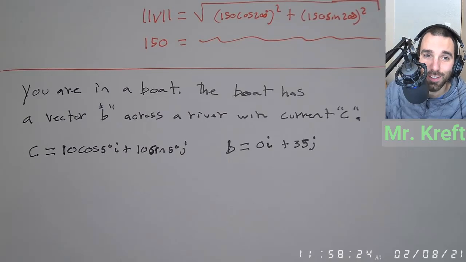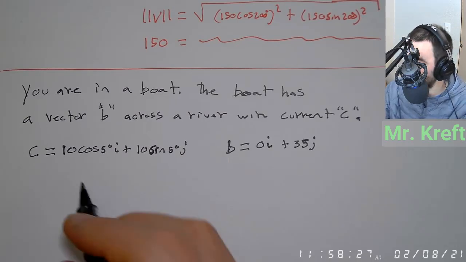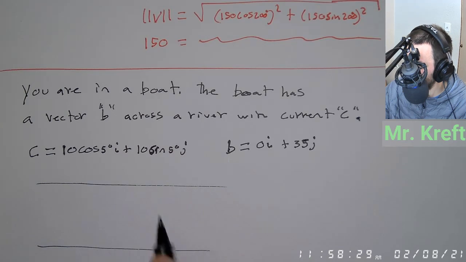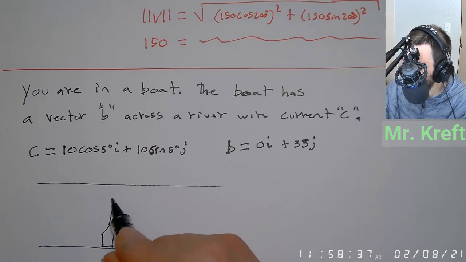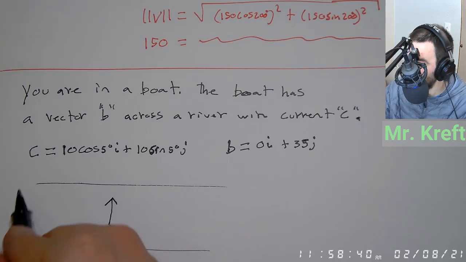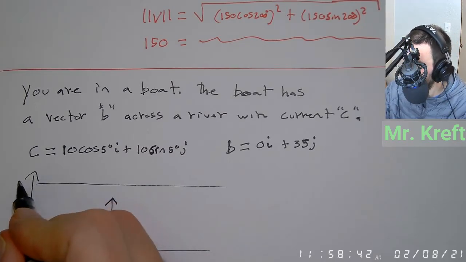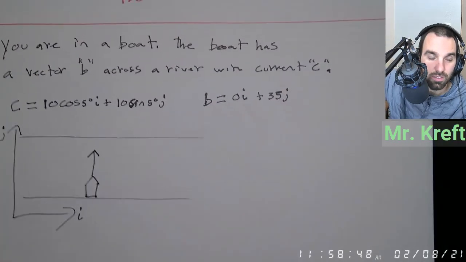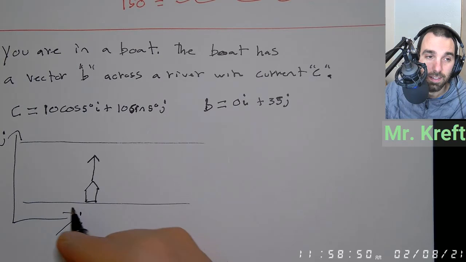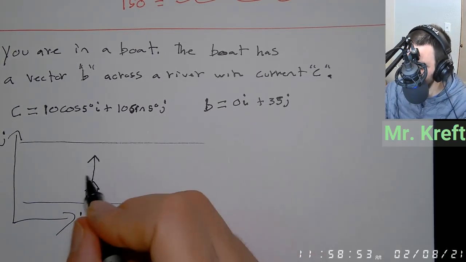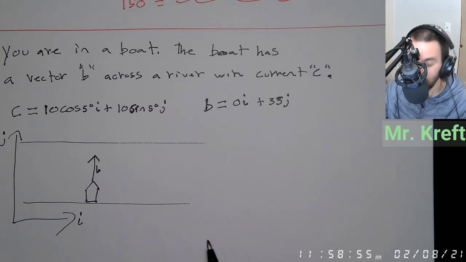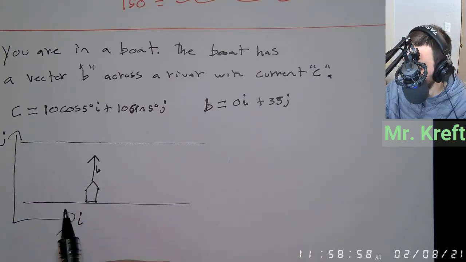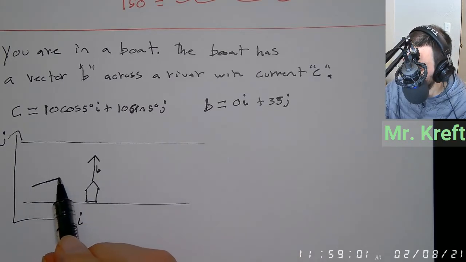So, can you guys find the resultant direction? That is, I have a river, I have a boat, right? I have a heading on the boat. I'm going that way. So I'm going to label this as J and I. You guys see my axes? Okay. And so my boat's going this way, and my current is kind of going this way.